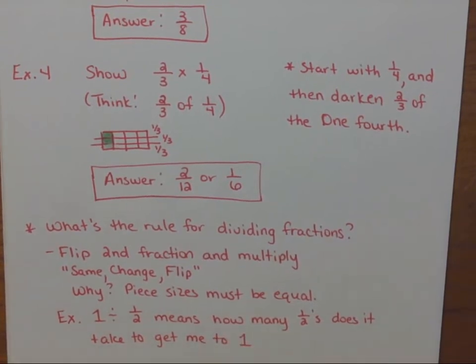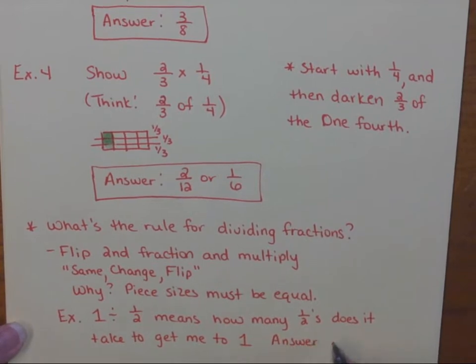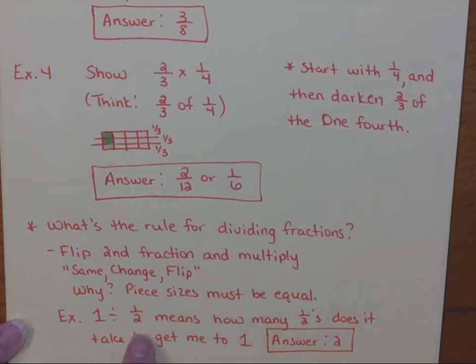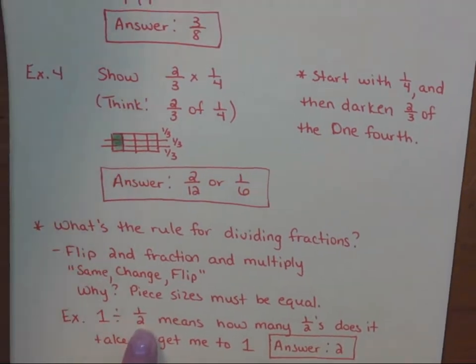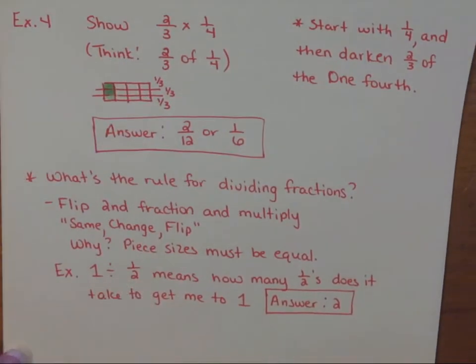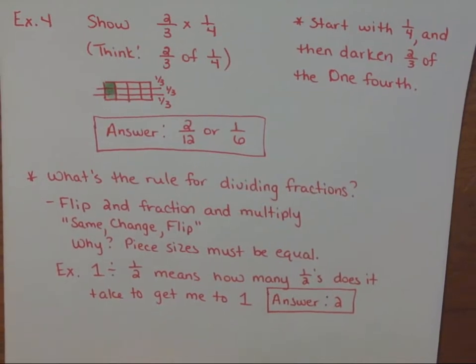Okay, so how many halves does it take to make a whole? The answer, of course, is 2. Okay, notice if we would have flipped that second fraction and multiplied, we would have had 1 times 2 over 1, or 2. So sometimes we can use this strategy.